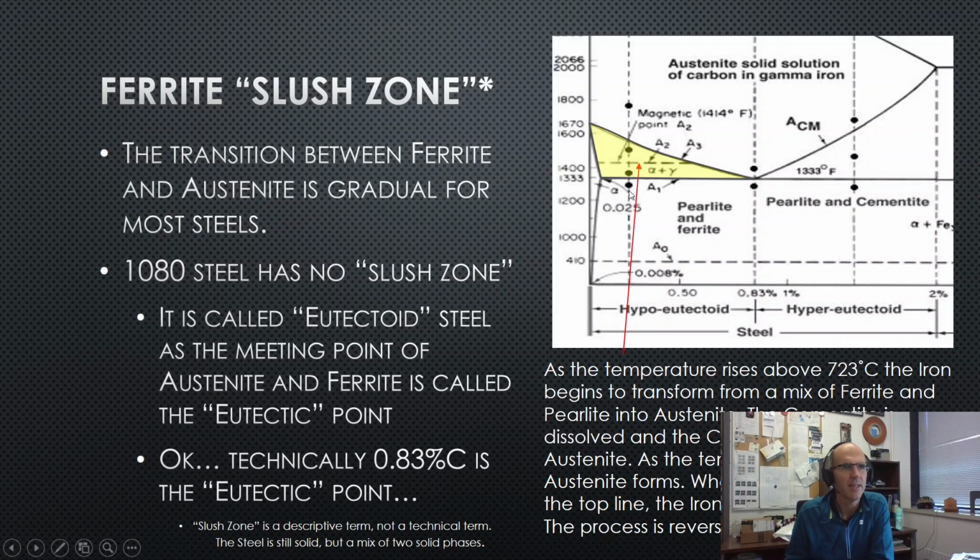As you start to heat that up, you come up into here and you start getting into the slush zone. Now, what this means is that some of the material starts to transition into austenite. Now, right at this point here, you haven't 100% transitioned into austenite because you're still in that slush zone. It's a mix of the two.